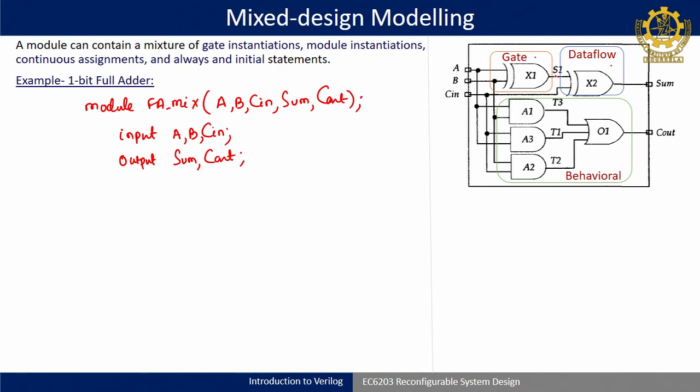So this S1 is an intermediate connection, which is not in the behavioral part, but it is an intermediate wire. So this has to be defined as wire S1. Now next we have to declare reg. While declaring reg, which portions do I have to declare as reg? Okay, C out.